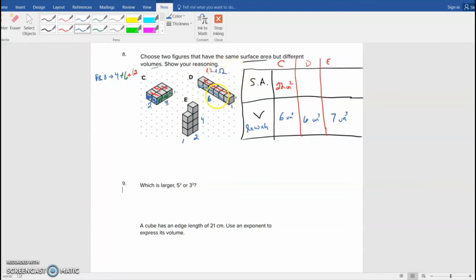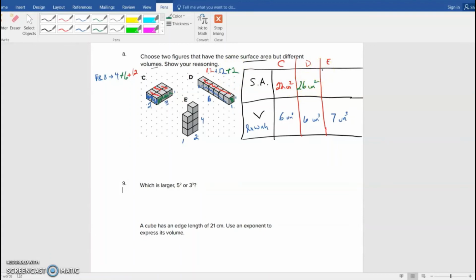So 12 and 12 is 24, and then I've just got this front and back side. So that would be 1, plus the one on the back is 2. So 24 plus 2 would be 26 square units for my surface area.